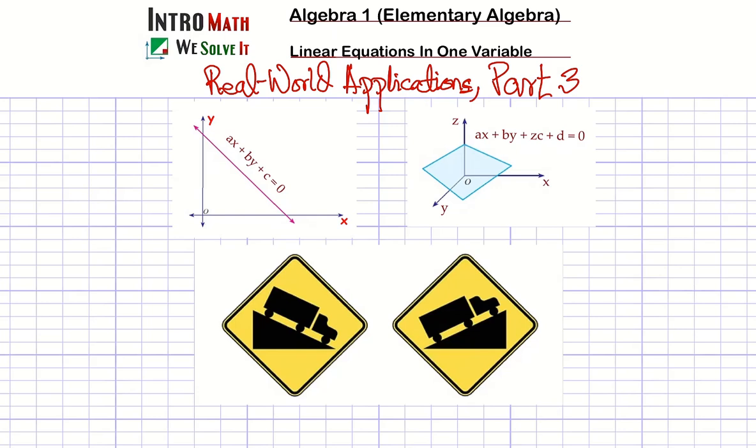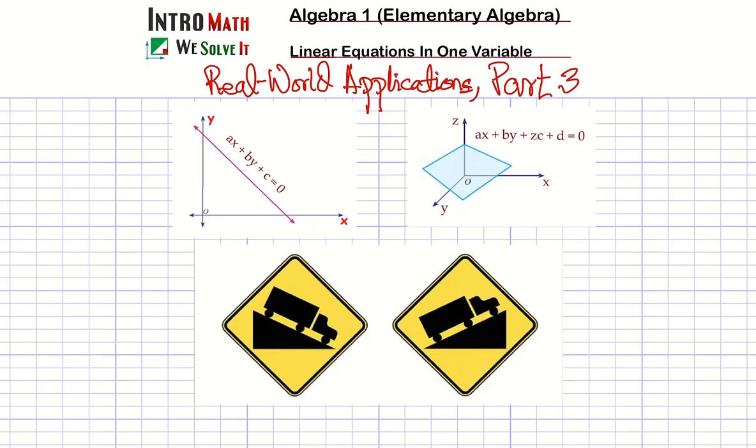Today we're going to continue where we stopped yesterday, dealing with the real world applications of linear equations in one variable. This is part 3. I still have a couple of things to cover in one variable.